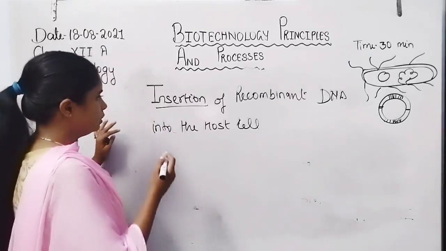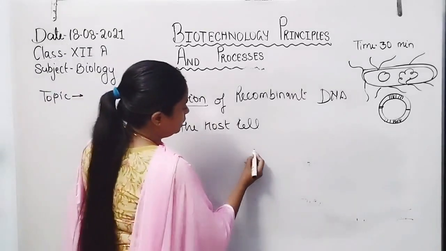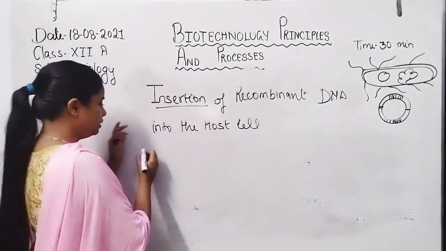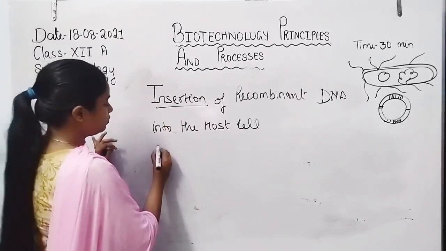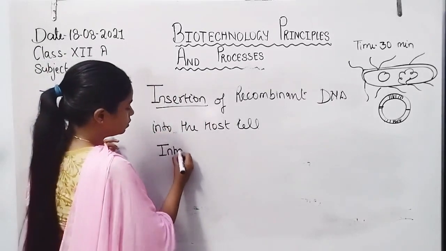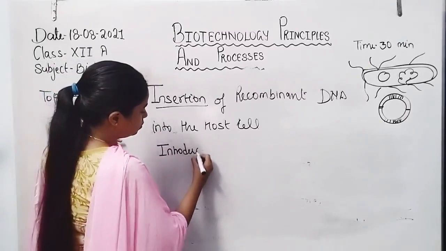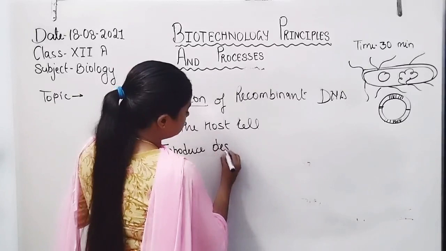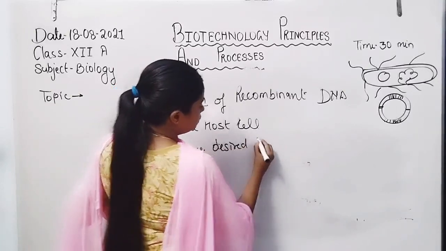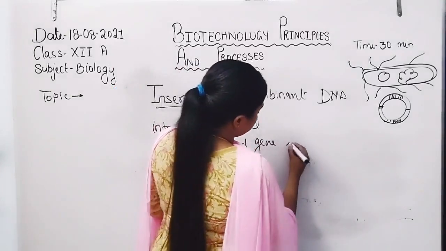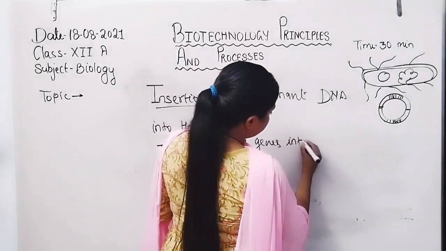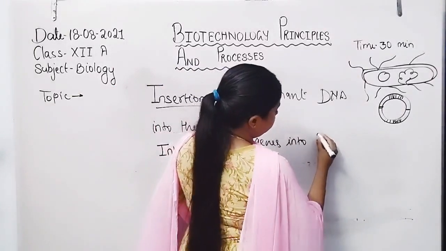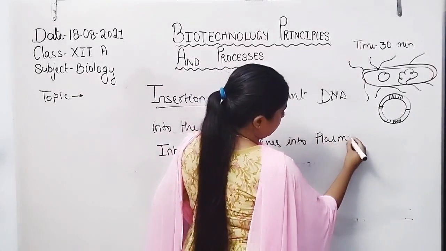Now for the recombinant DNA, simply, first we introduce the desired genes into the plasmid.